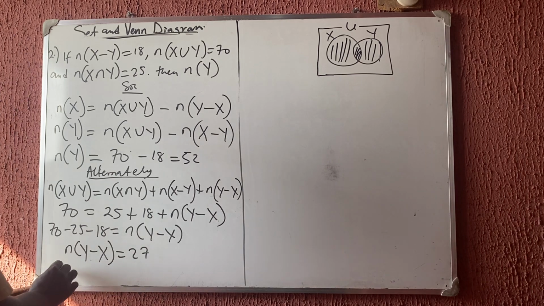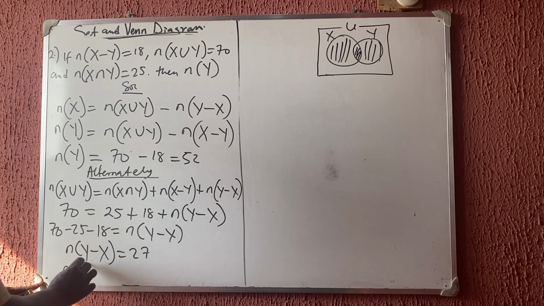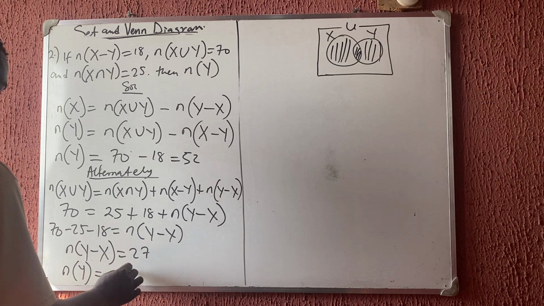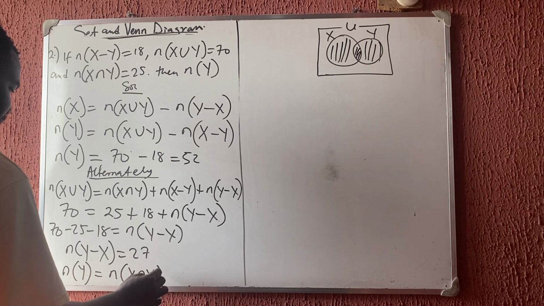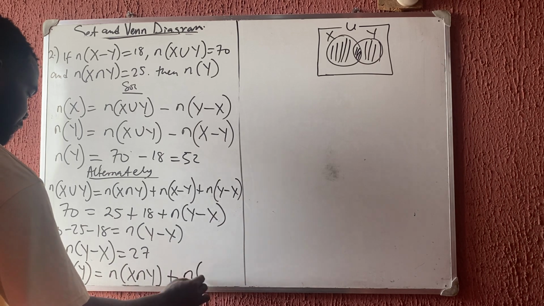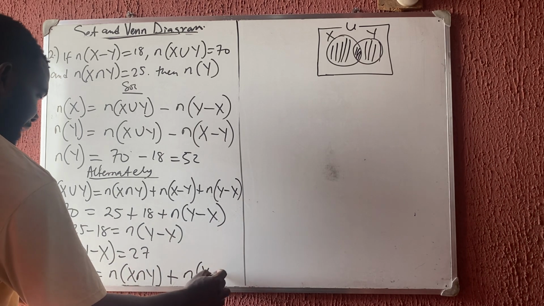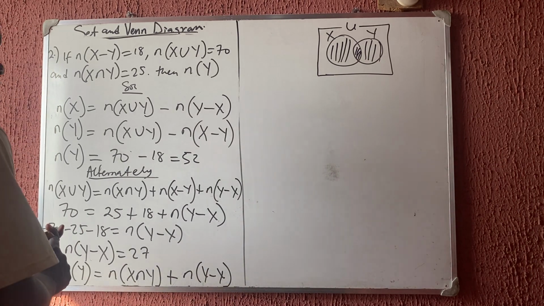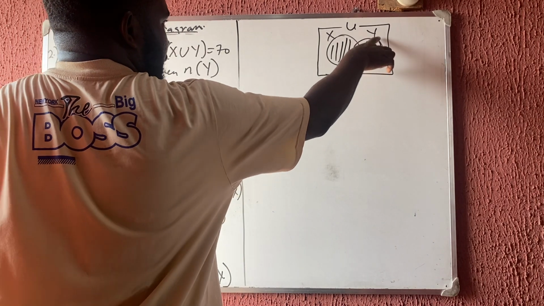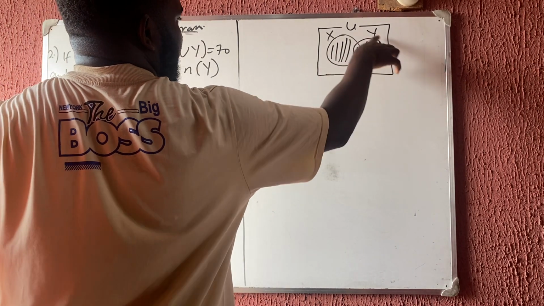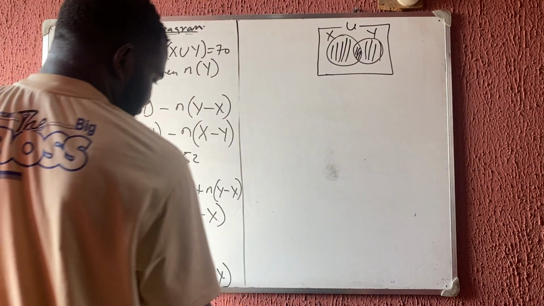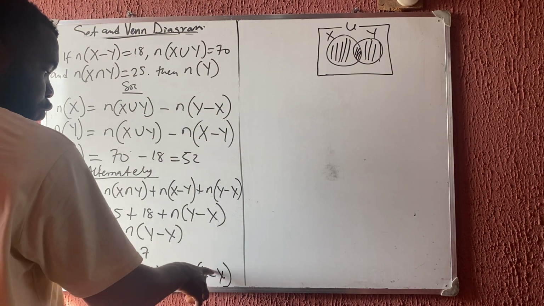You should know that the number of y alone is equal to the number of the intersection, x intersection y, plus y minus x. Everything about y is their intersection plus only y, because y minus x means only y.